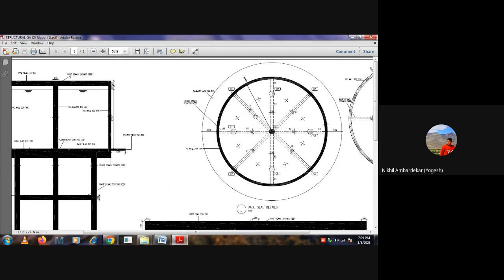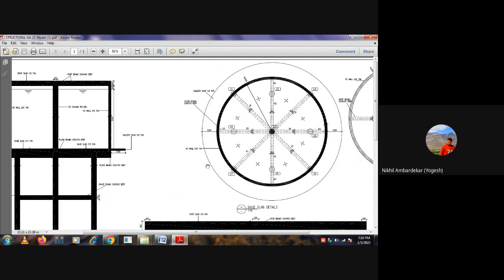Can you see C1, C2, C3, C4, C5, C6 up to C9? We have 9 columns on which our entire base slab and everything is going to be supported.